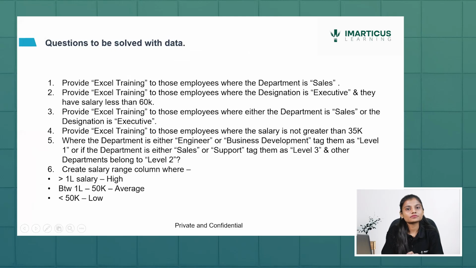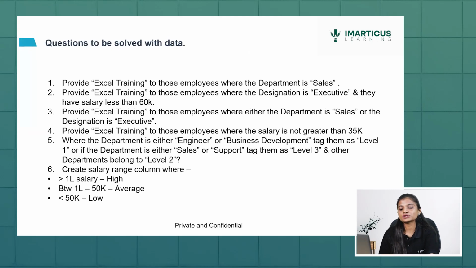Now, what is the next question? Provide Excel training to those employees where the salary is not greater than 35K. It should not be greater than 35K, so obviously it is going to be less than 35K. Where the salaries of the employees are less than 35K, I would be providing Excel training to them.